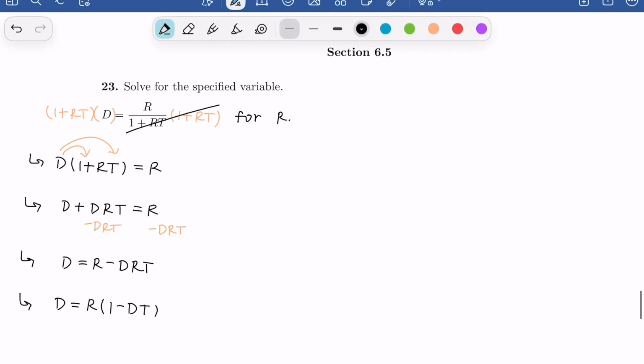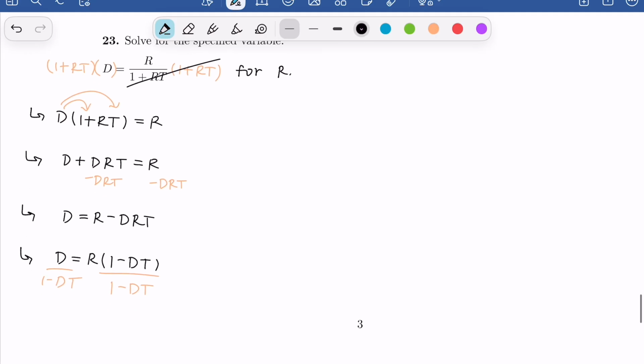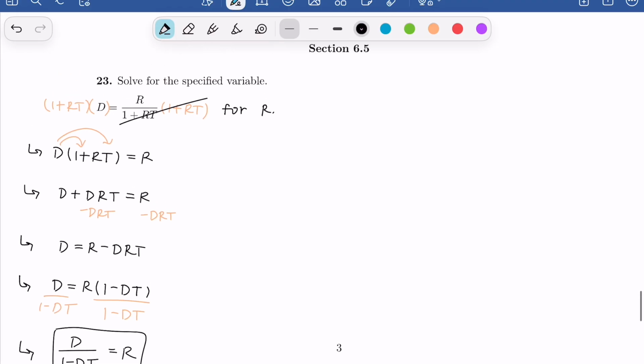So if I want to completely isolate it, what I'm going to do is divide by 1 minus dt. Whatever I do to one side of the equation, I have to do to the other. So I'm going to get d over 1 minus dt is equal to r. Now I've completely isolated this variable r, so this would be my final answer. Okay? So that's how we would solve a rational equation for a specified variable.